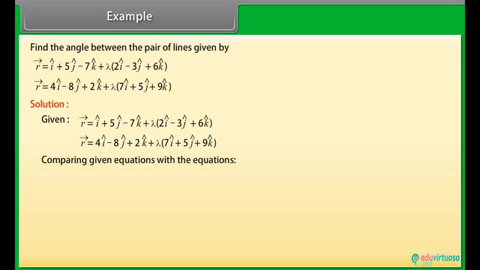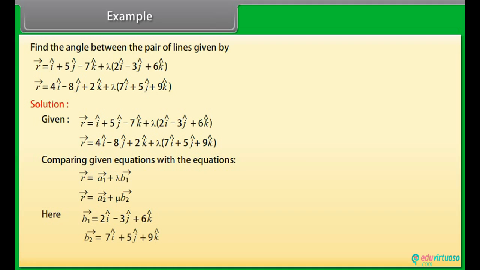Comparing the given equations with the equations vector R equals vector A1 plus lambda vector B1, vector R equals vector A2 plus mu vector B2, here vector B1 equals 2i minus 3j plus 6k. Vector B2 is equal to 7i plus 5j plus 9k.